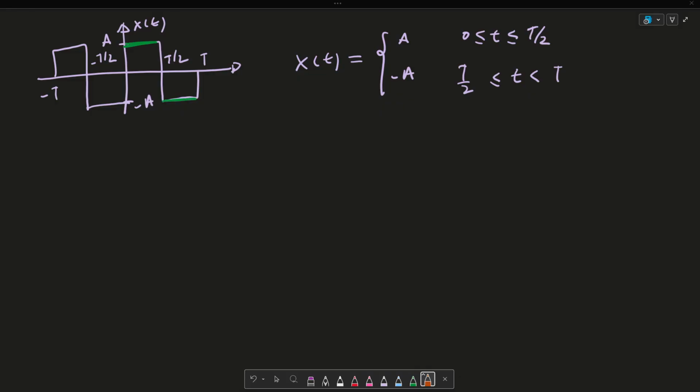He says that I can reconstruct this signal right here using the following.